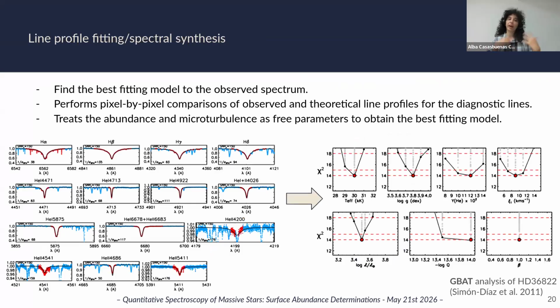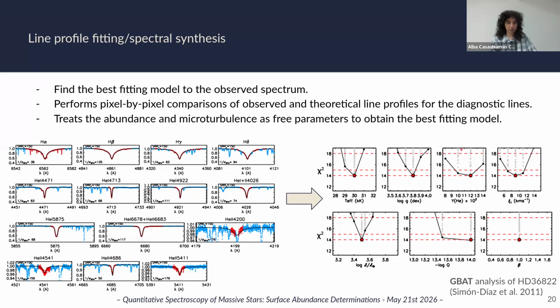On the other hand, we have the line profile fitting and spectral synthesis, which I think might be a bit easier to understand. Because again, it's just finding the best fitting model to the observed spectrum by comparing pixel by pixel the line profiles of the diagnostic lines. So with this method, the abundance and the microturbulence are free parameters that can be used to obtain the best fitting model.